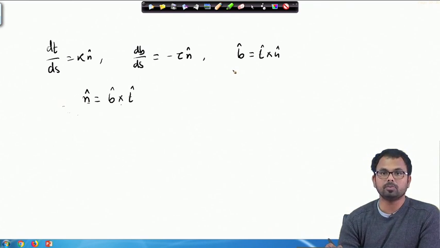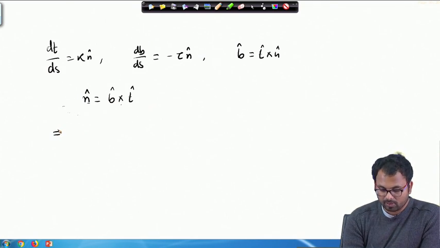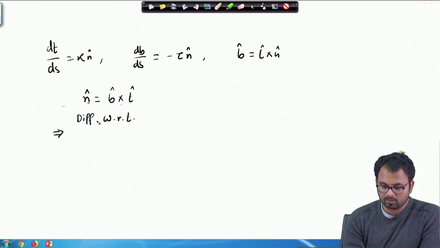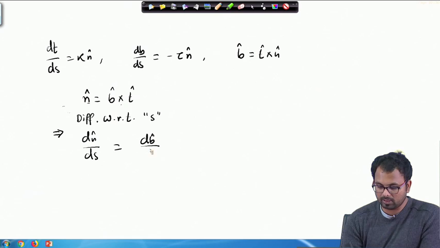Now we differentiate both sides with respect to the arc length s. So dN/ds equals dB/ds cross T plus B cross dT/ds.